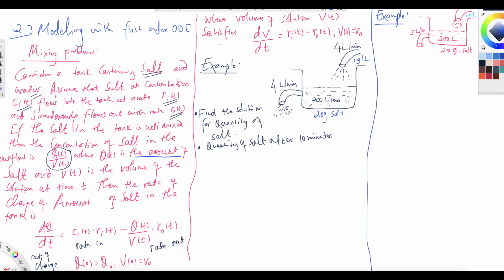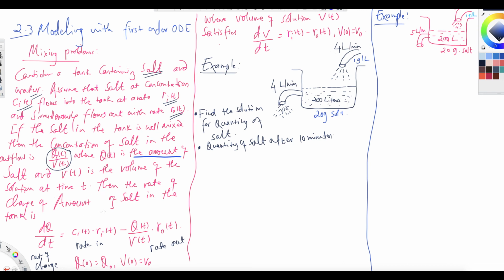So Q(t) divided by V(t) gives you the concentration of the salt in the outflow at any time, where Q(t) is the amount of salt and V(t) is the volume of solution at time t.